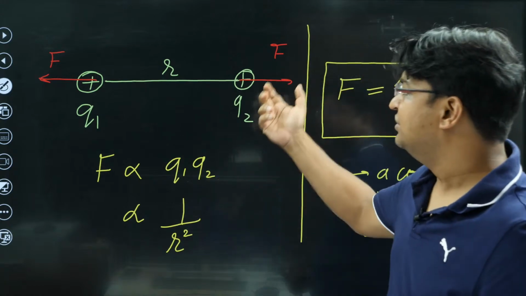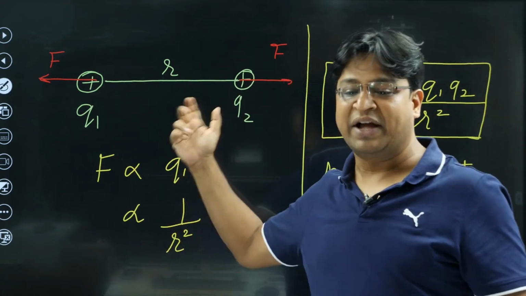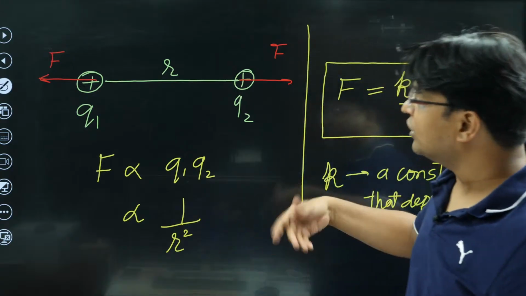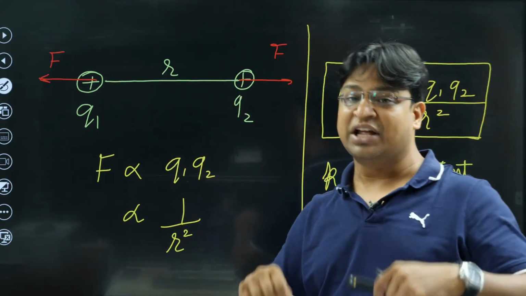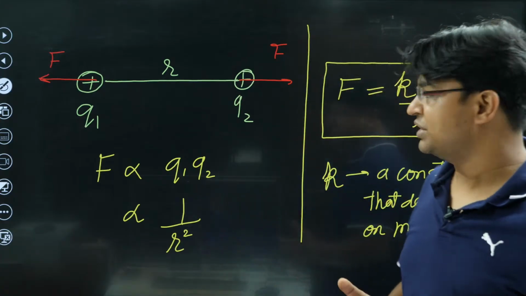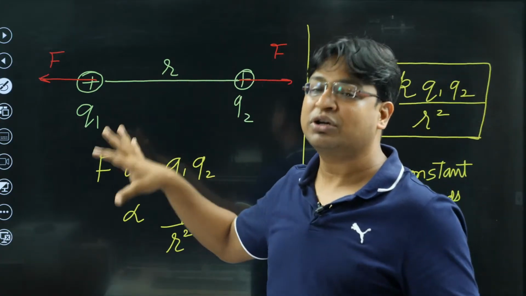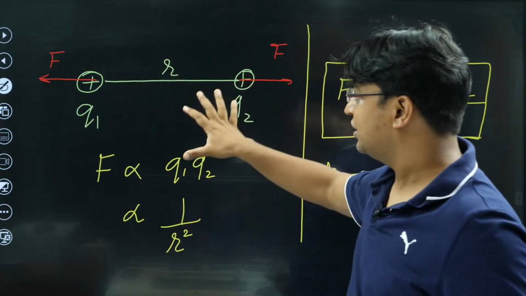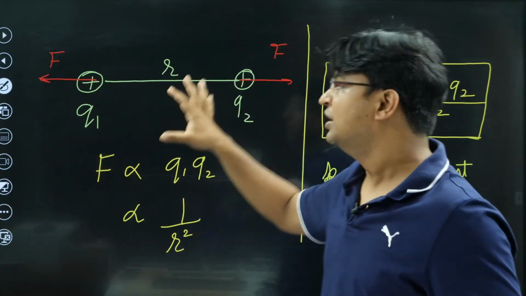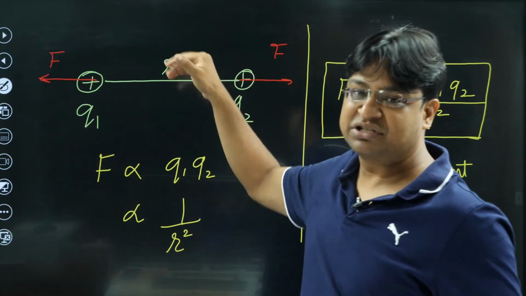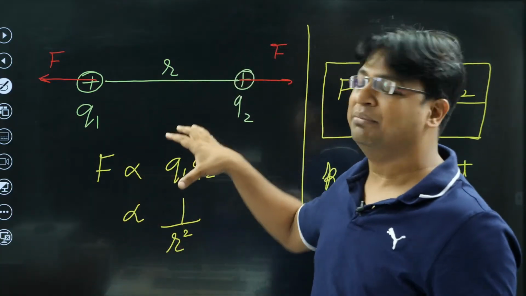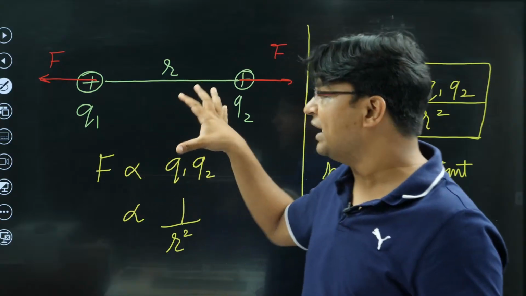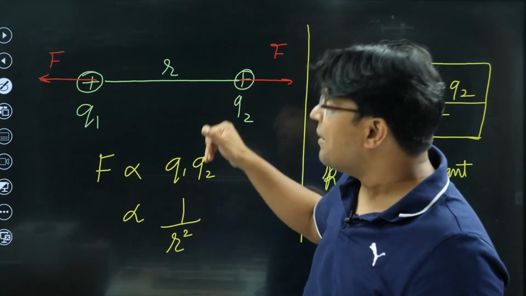For example, these particles could be kept in vacuum, or they might be submerged in an ocean. So there may be water surrounding these particles, and it extends up to large distances on all sides. Whatever I'm writing, I'm assuming that the medium in which the particles are kept extends up to infinity.